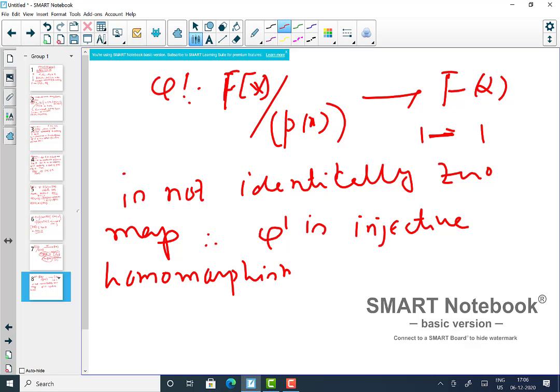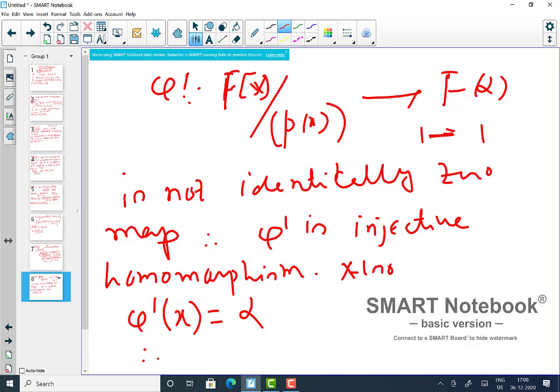Homomorphism. And not only that, you can check that this phi dash sends the polynomial x to alpha. So what does that mean?